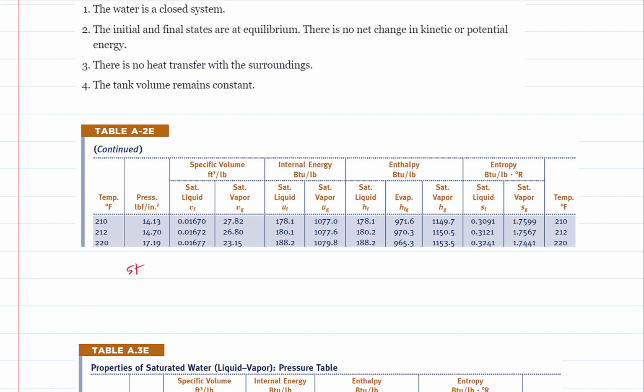First, state 1. We have a saturated water vapor, so quality is 1. And the temperature is given, 212 degrees Fahrenheit. Two independent intensive properties fix the state, so we can determine the other properties. So see table 8.2e.